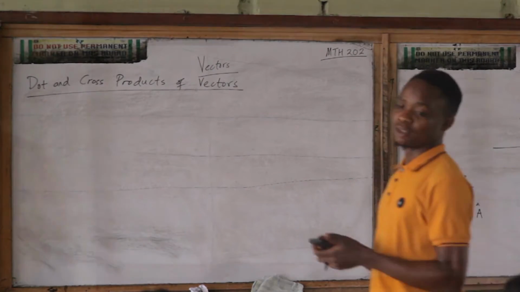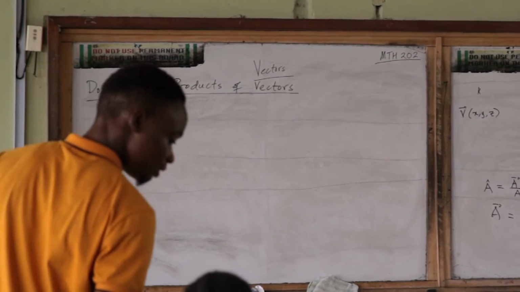Right now, dot products. The dot product is also known as the scalar product.